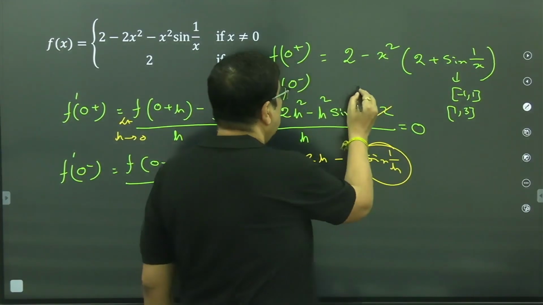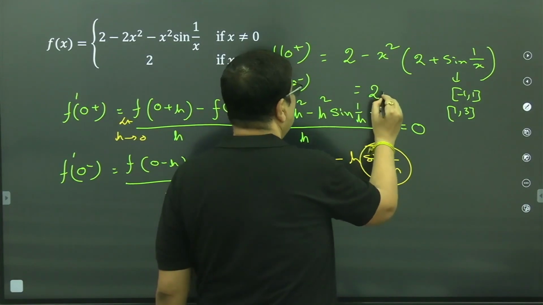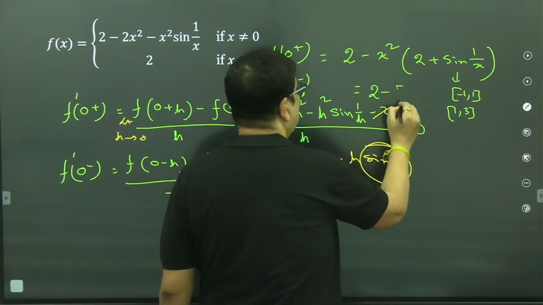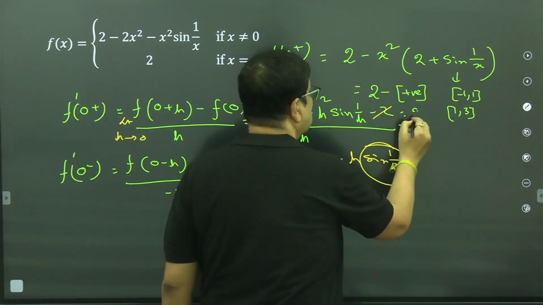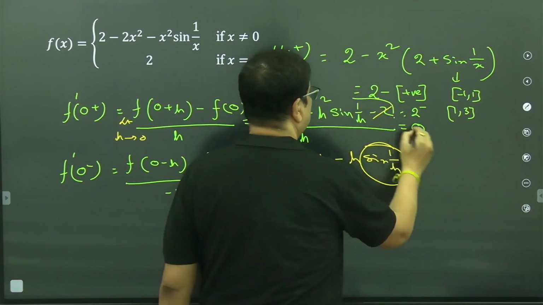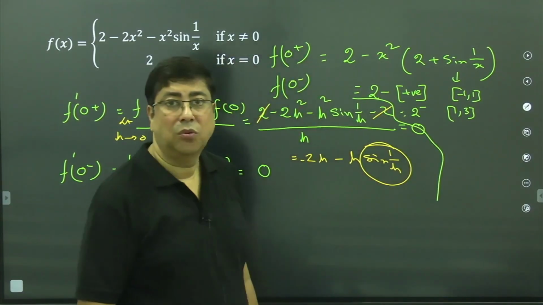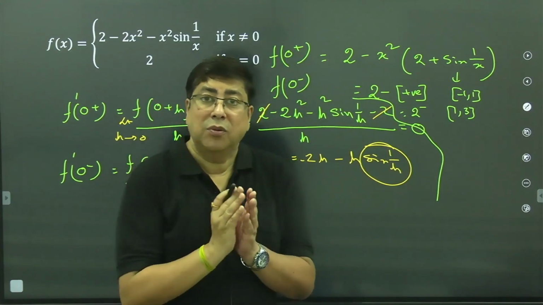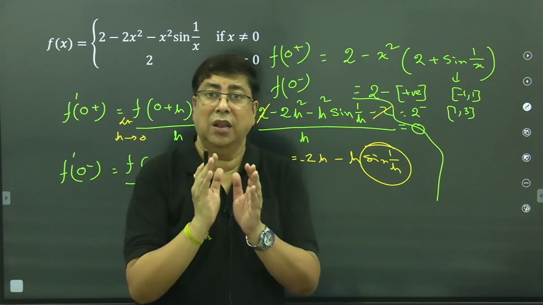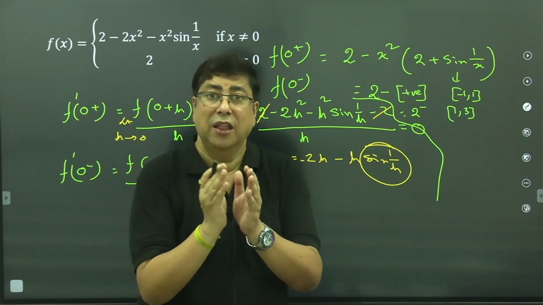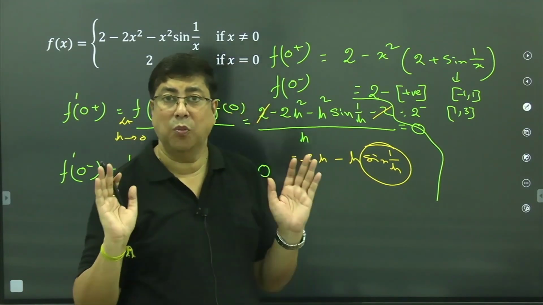So this is 2 minus some positive quantity, however small it is. This is lesser than 2. It means that at x equal to 0, the function has a greater height than its very neighborhood points.